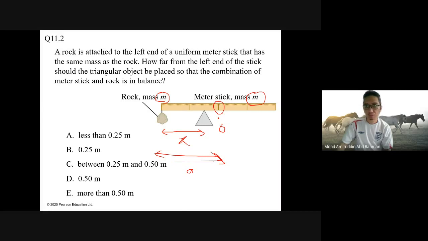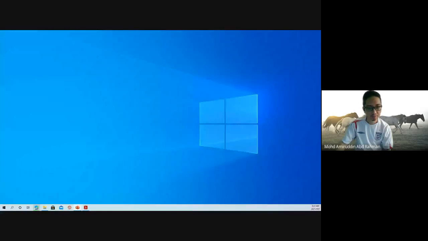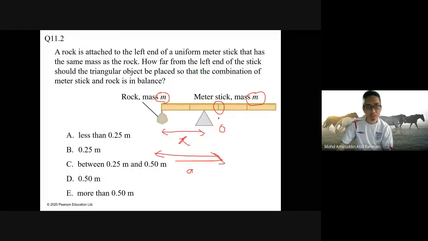Any of you can write something over here.